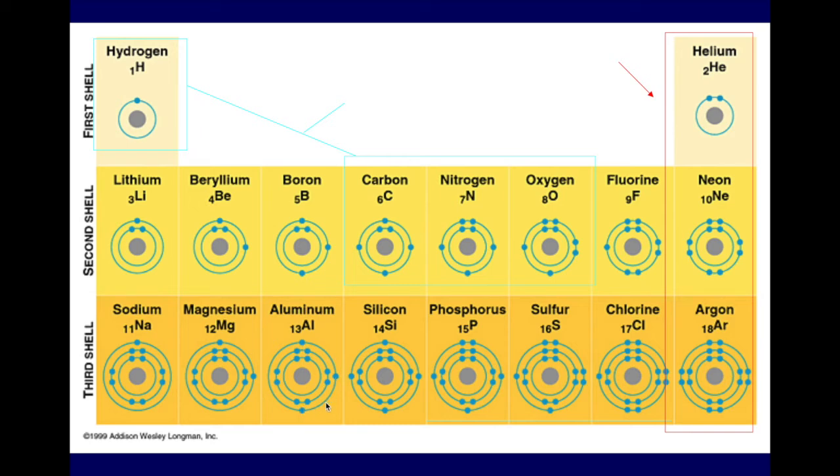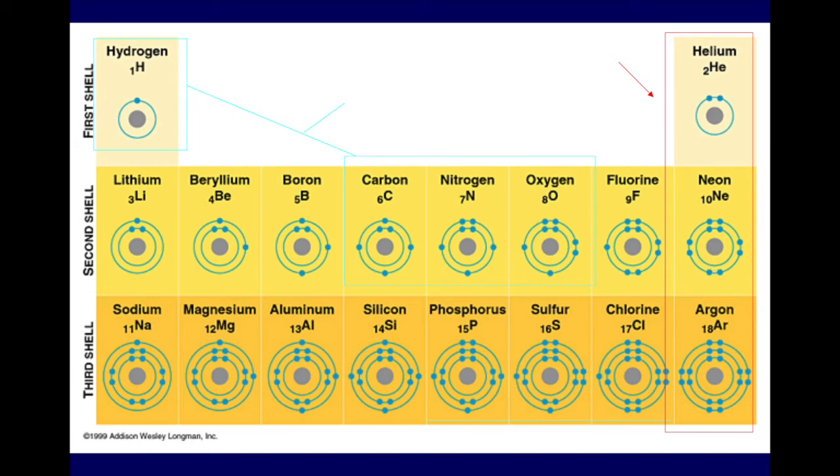When it gives those 3 away, it only has 8 on the inside, looks like neon. It could give them to nitrogen, which would gain 1, 2, 3, have a -3 charge because of the 3 extra electrons. 10 electrons, 7 protons means an overall -3 charge. And it would also look like neon. That we'll talk a little bit more about when we get to ionic bonding.